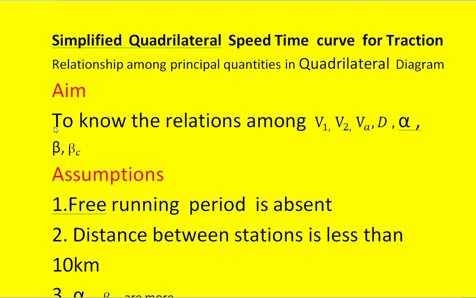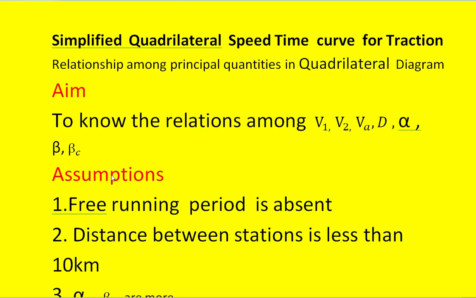In other words, we can say to know the relation among the maximum speed V1 and the speed V2, average speed VA, distance between these stations capital D, and the acceleration, retardation, and retardation due to coasting.